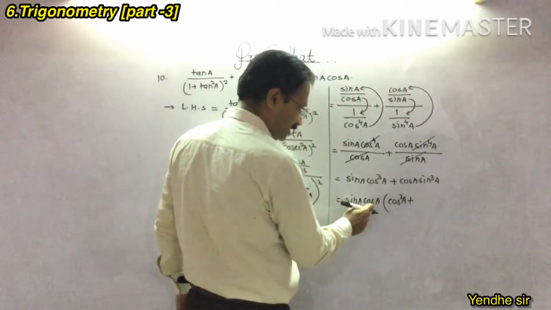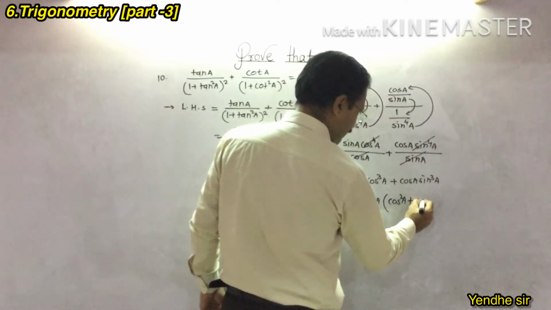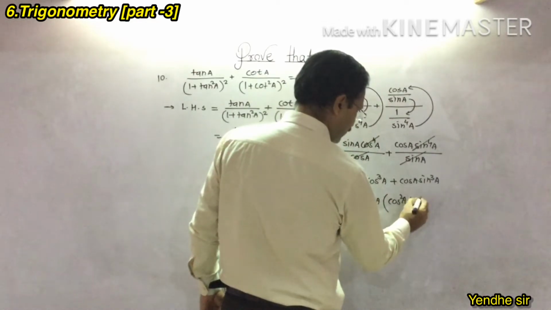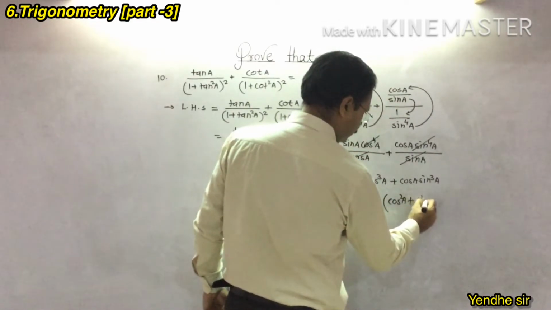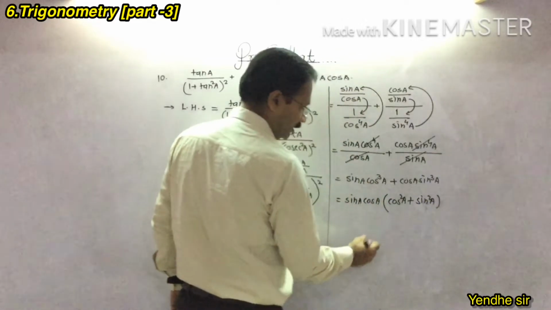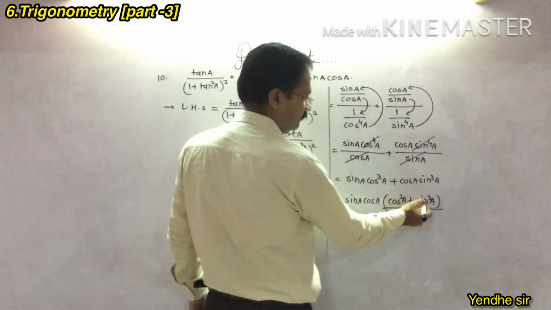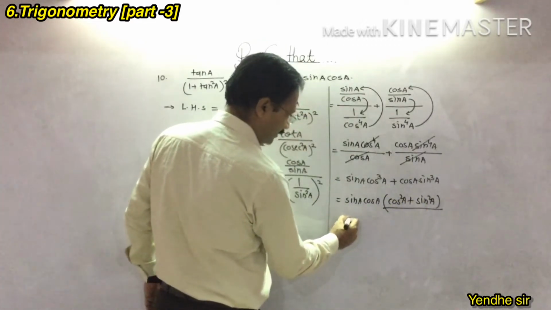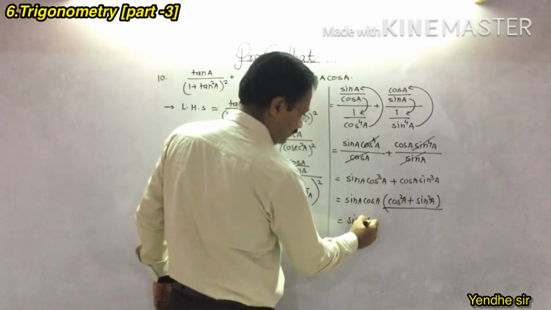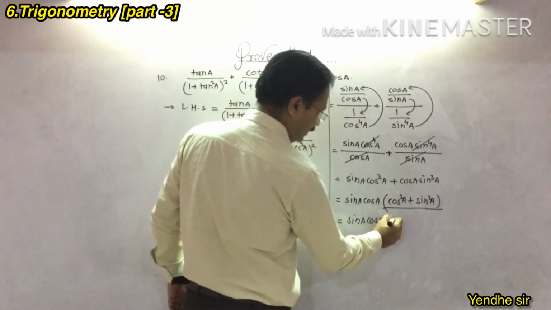From sin cube, one comes outside, it will be sin square A. Okay, so we know this one. Sin square A plus cos square A means what? 1. Sin A cos A in bracket 1.